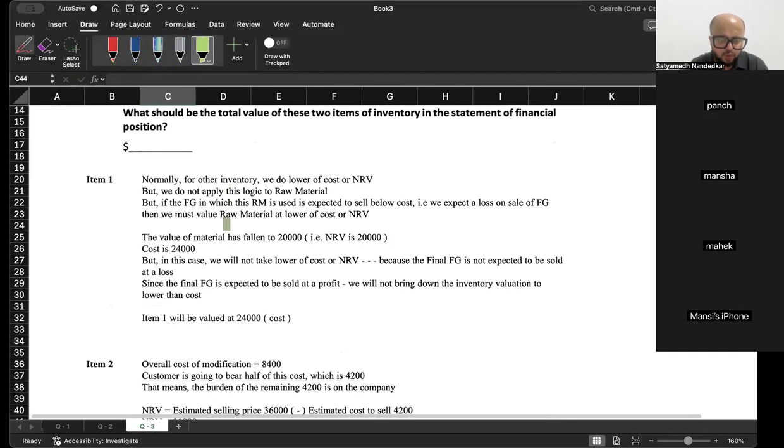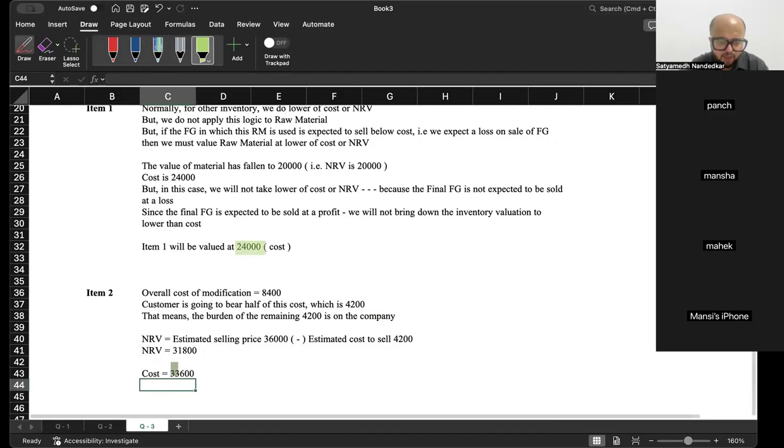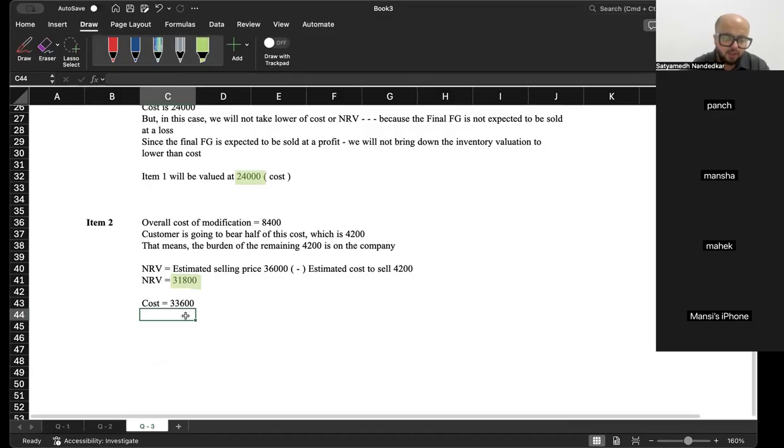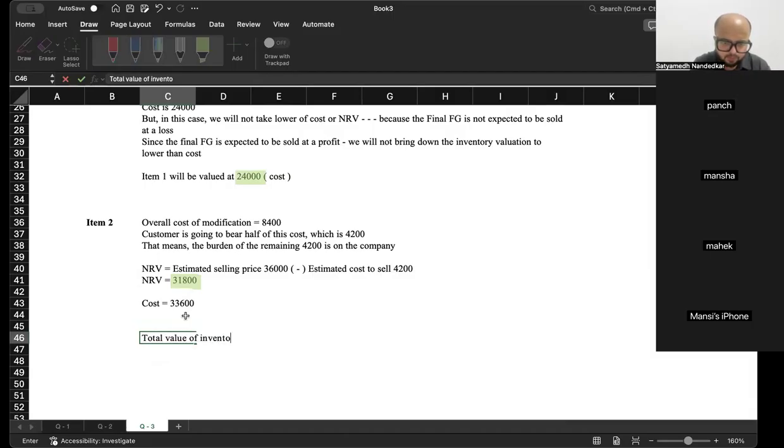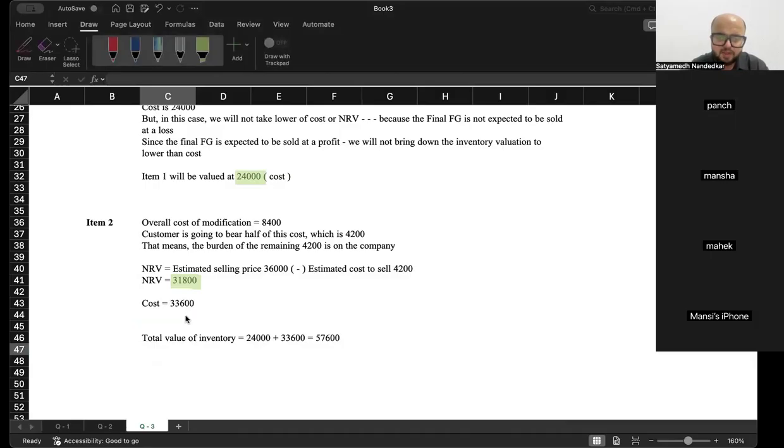So what should you choose? Here, item 1 will be valued at 24,000. Item 2 will be valued at 31,800. Okay. So total value of inventory is 24,000 plus 31,800, how much is that? 55,800.